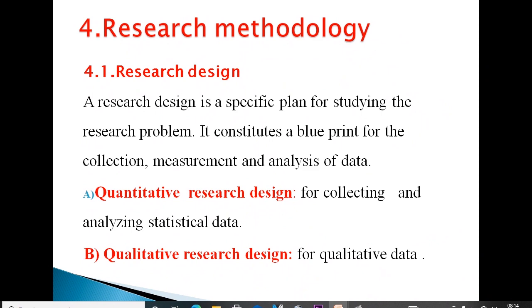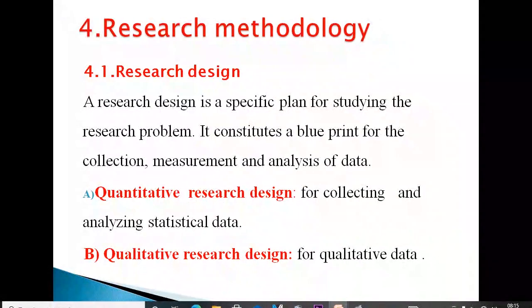A research design is a specific plan for identifying the research problem. It constitutes a blueprint for the collection, measurement, and analysis of data. Note that we have two main research designs. First of all, we have the quantitative research design for collecting and analyzing statistical data, and the qualitative research design to analyze qualitative data.